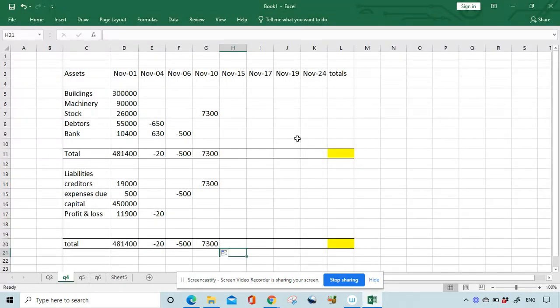So our bank would go down 2,000. And we're going to add in a new one in the liabilities called drawings. And that's going to go down 2,000 as well. We took 2,000 out of the company bank account.